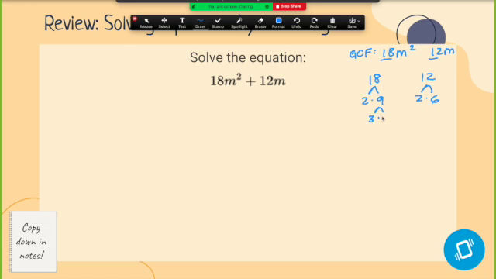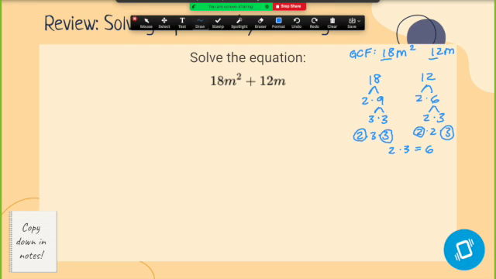We have 3 times 3, and we also have here 2 times 3. So our prime numbers would be 2, 3, and 3. And our prime numbers on the other side are 2, 2, and 3. So in total, we have a 2 in common. We also have a 3 in common. And so from that, 2 times 3 equals 6.